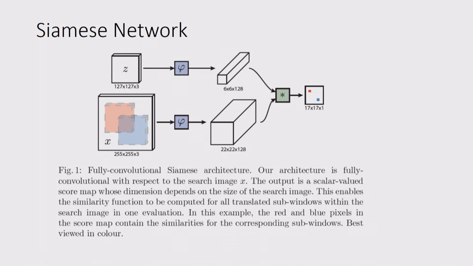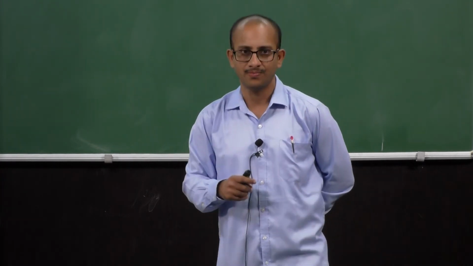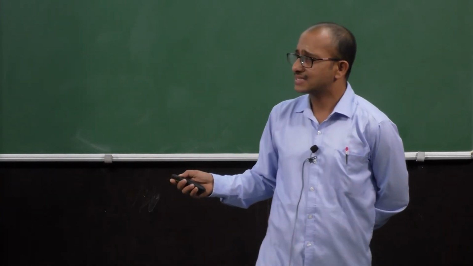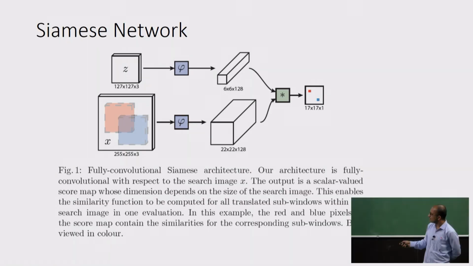So what people usually do is to perform a correlation. Correlation is a building block for most of the methods of computer vision, because we want to see the similarity of the target object with where it is in the frame. So they extract the features of the target object, and the features of the search region, and then, instead of correlating in the image space, they correlate or convolve in the feature space.